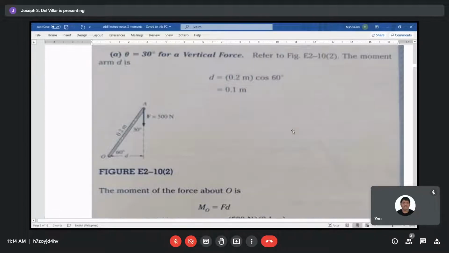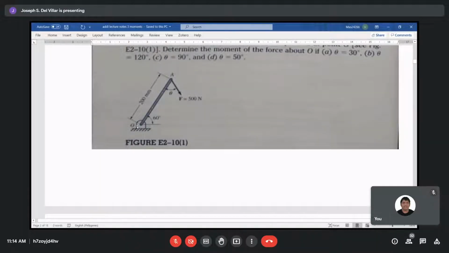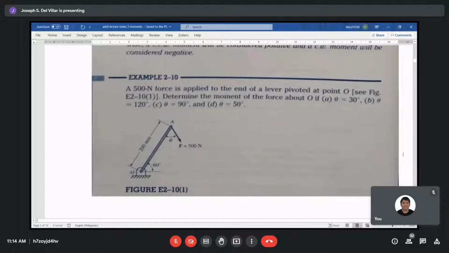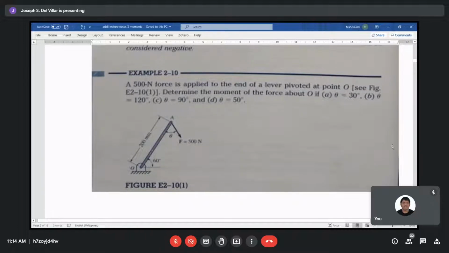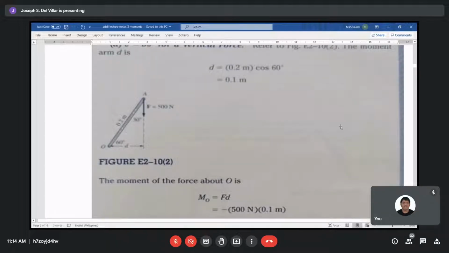Another solution is maintaining the distance, which is 200 millimeter, and then you compute for the component of the force that is perpendicular to the lever. So, dalawang way ang pwedeng gamitin. Okay? So, yung pinakita dito sa libro is isa lang. Pinakita dito is yung force ni-retain pero kinuha niya yung distance.